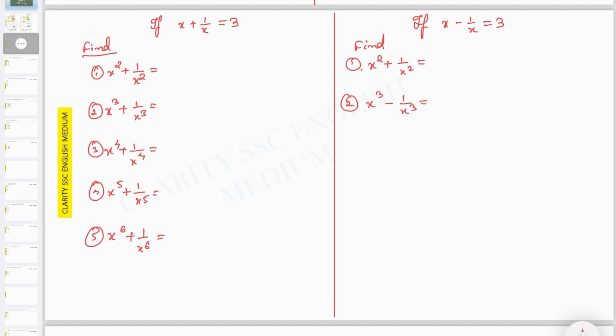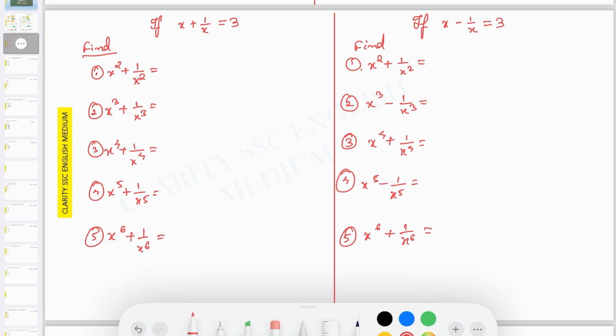Here, square, power 4, power 6, power 8 are all positive because they are even numbers. How to find the negative, I will tell you in the concept of linkage. As we move forward, there will be a concept called linkage. X to the power 4 plus 1 by x to the power 4, x to the power 5 minus 1 by x to the power 5, x to the power 6 plus 1 by x to the power 6.